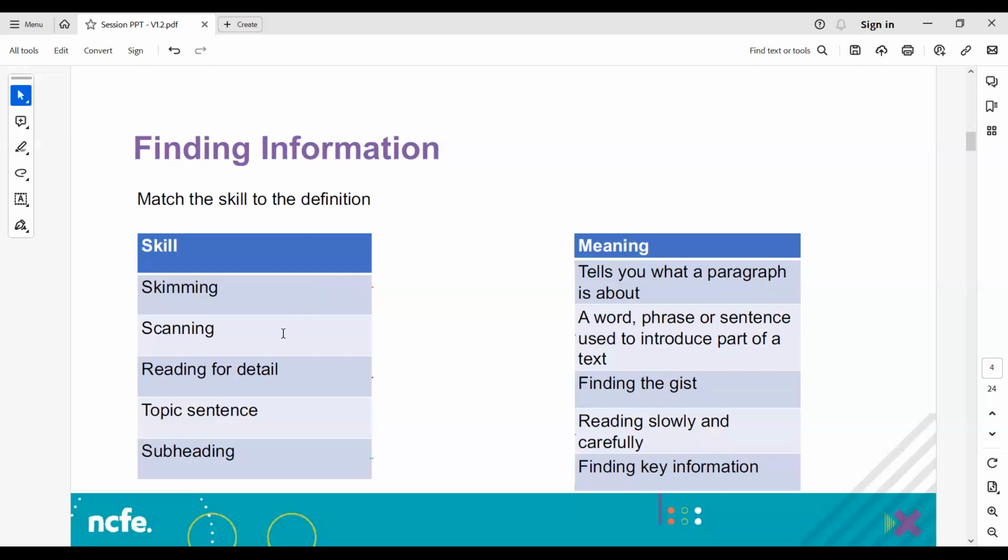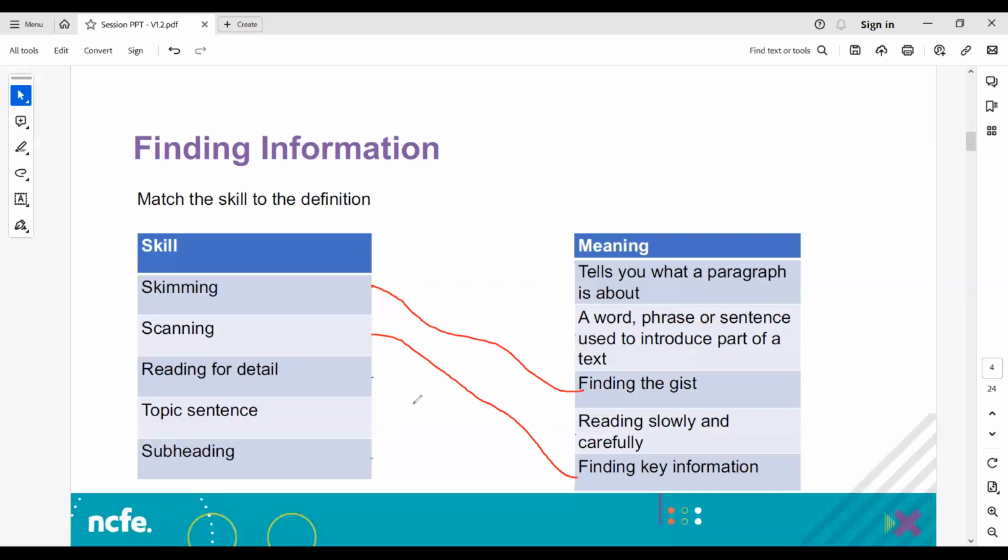So that's not skimming, that's the other one, scanning. Okay, so they are closely related, of course. Finding the gist. Good. So finding the gist is skimming, and scanning is finding key information.